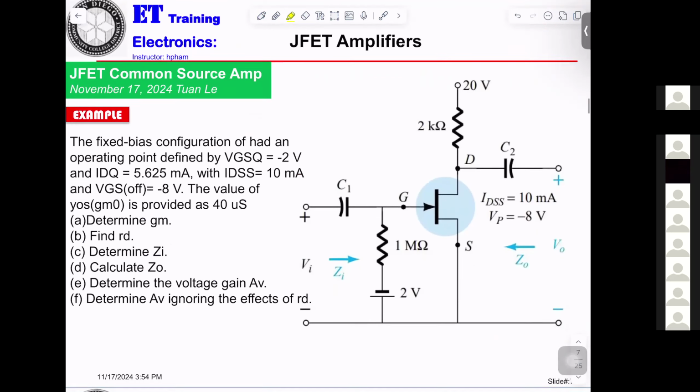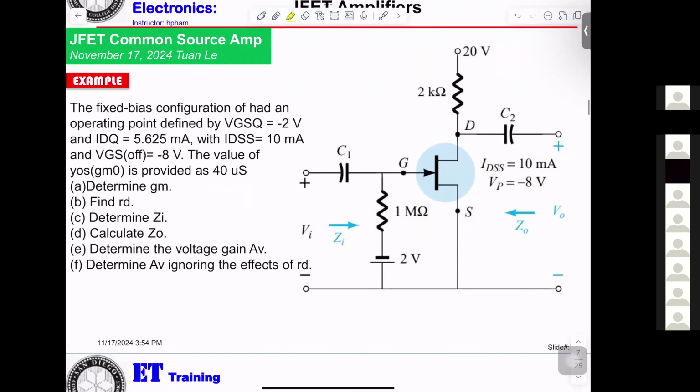Okay, if not, let's go. Now you do this problem for me. First thing, the fixed bias configuration and the operating point defined, VGSQ, like we already told you.